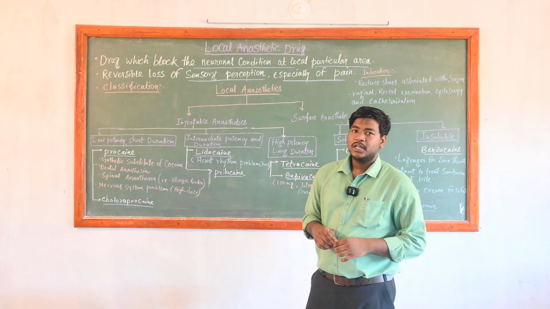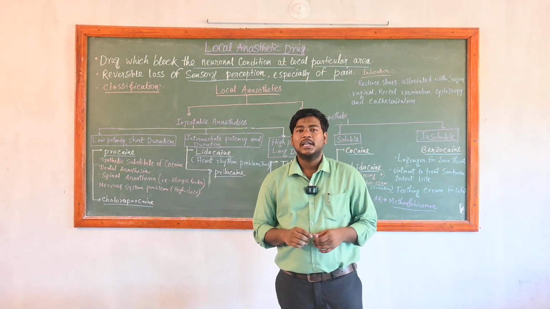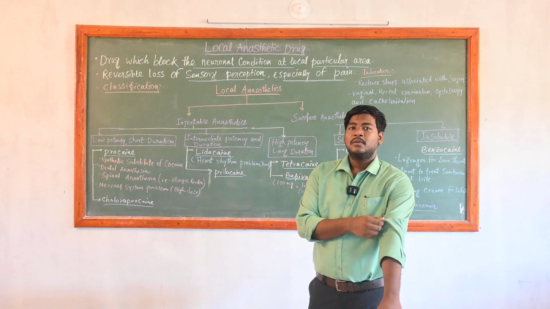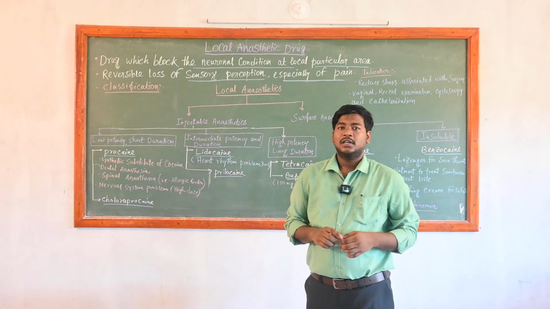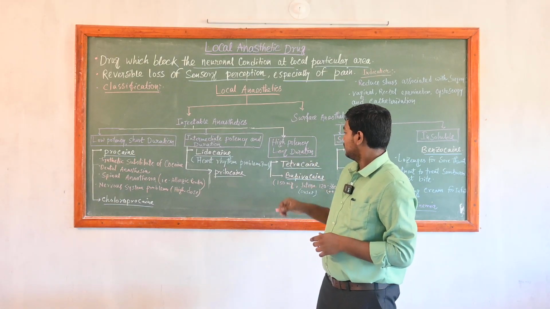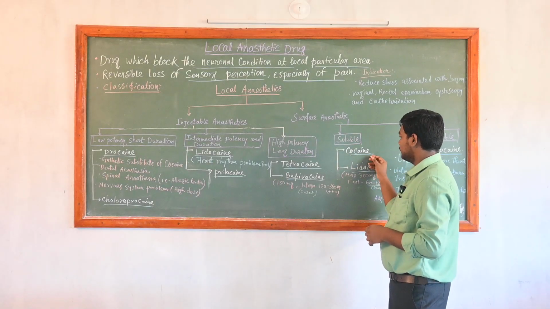Procaine is the first synthetic alternative of cocaine. Cocaine is a topical anesthetic drug. Previously many people used cocaine because cocaine is easily available in our environment. It is a plant source of local anesthetic.